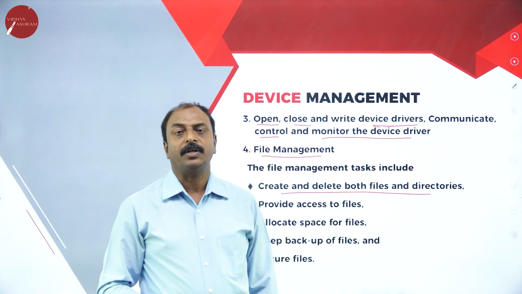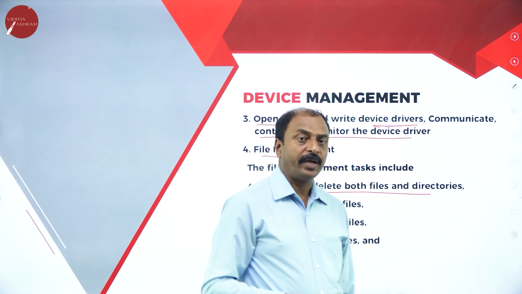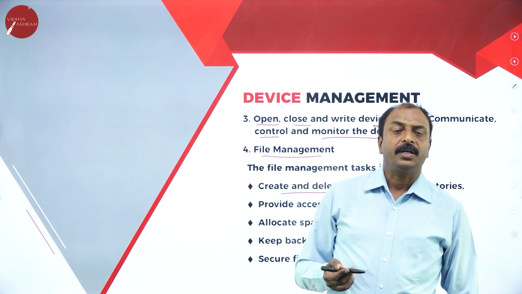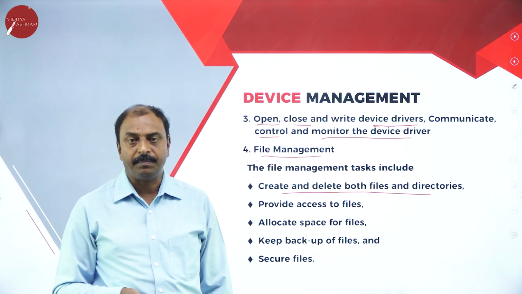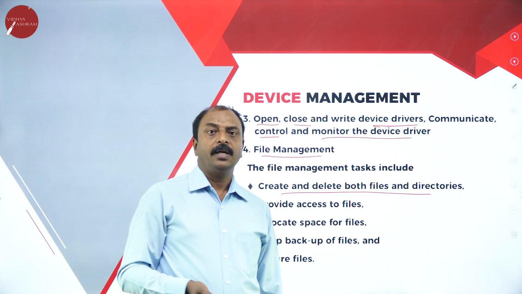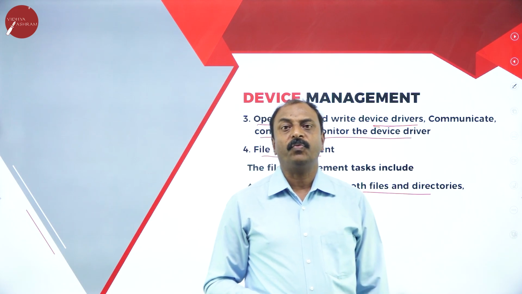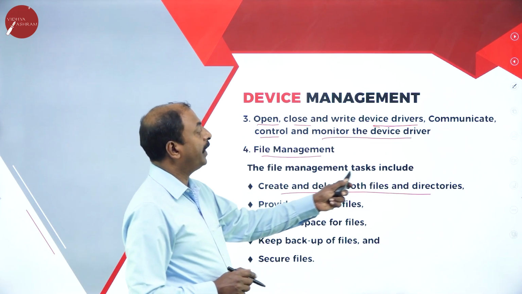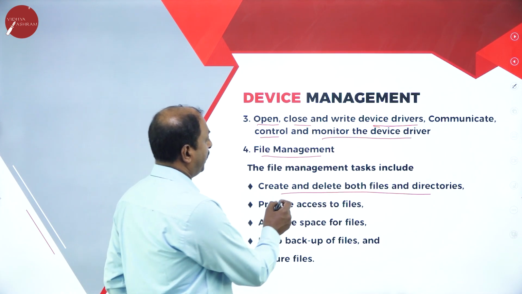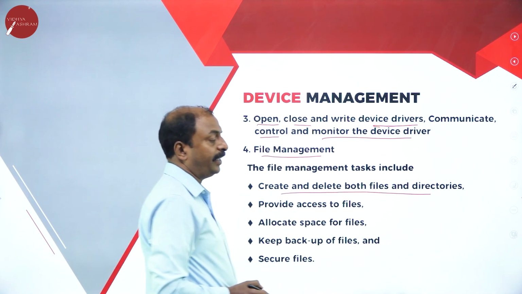For example, a document, which is a text file or .txt, .docx, or maybe your image file, .jpg or .bmp, .mp3, .mp4, all these are different types of files. So that is file management, meaning it creates and deletes both files and directories.